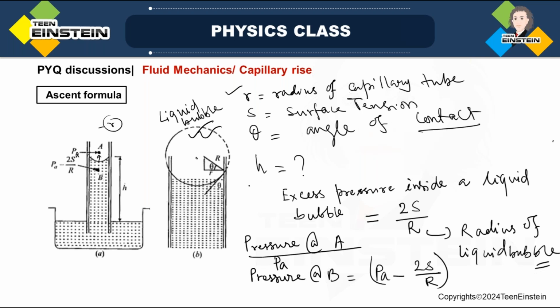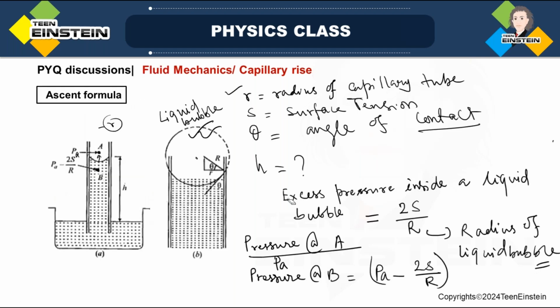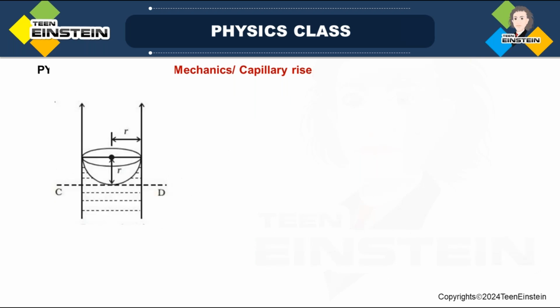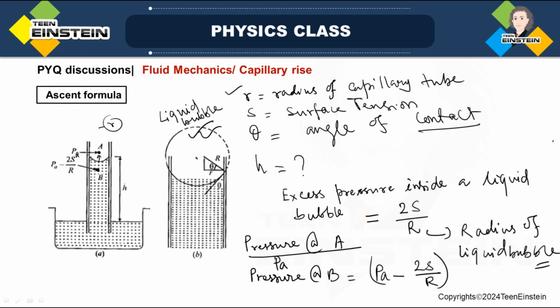That means at equilibrium, what will happen? Let me take this figure over here. You can see that this pressure will be exactly equal to the pressure of the liquid column.